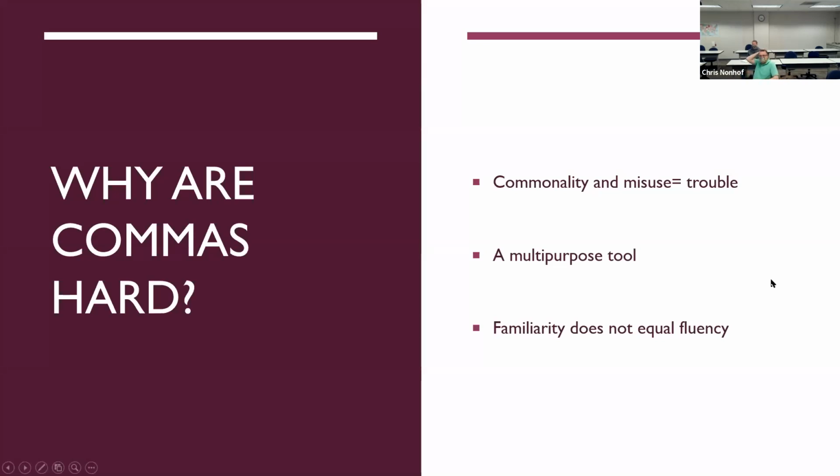So why are commas hard? The book talked about a few reasons why they are difficult to use correctly. One is commonality and misuse equals trouble. They're used a lot, and almost every grammatical form that we've learned about this semester has had a comma use in it.